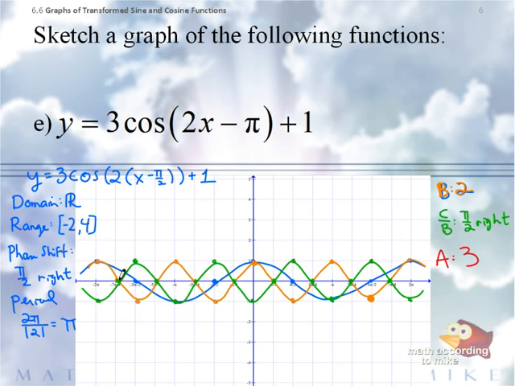Anywhere that's crossing the x-axis, those do not change because 3 times 0 is 0. Anywhere where it's at 1 will now go to 3, and negative 1 will go to negative 3.